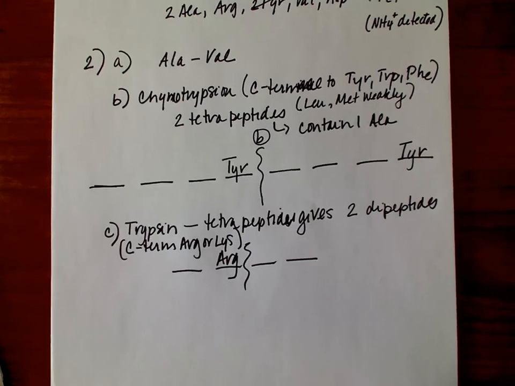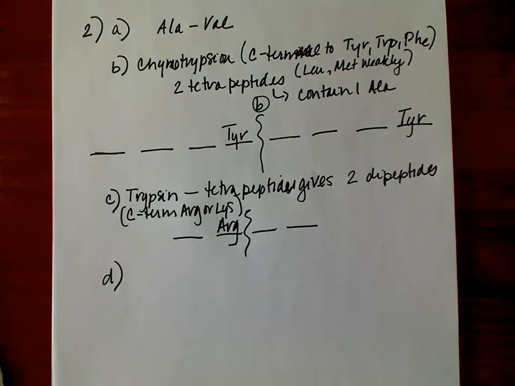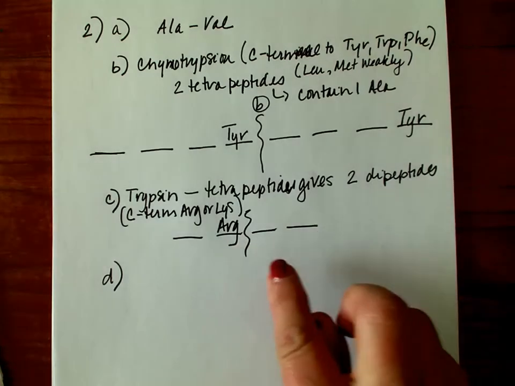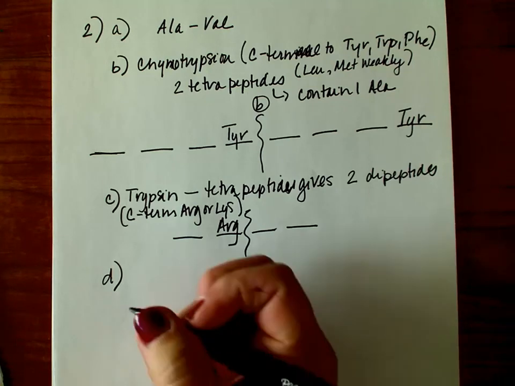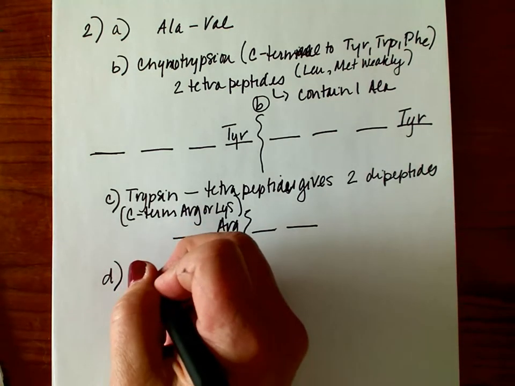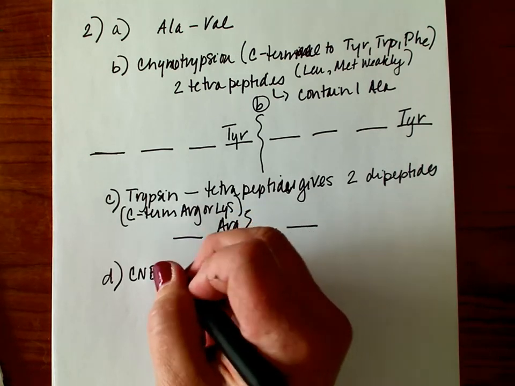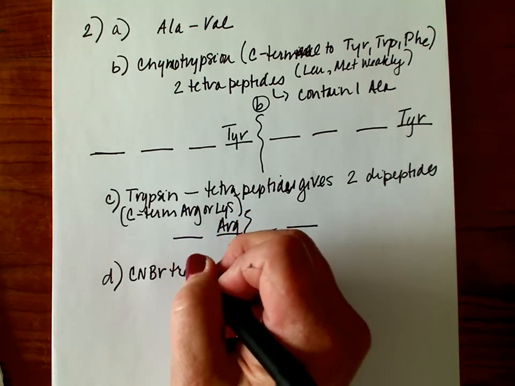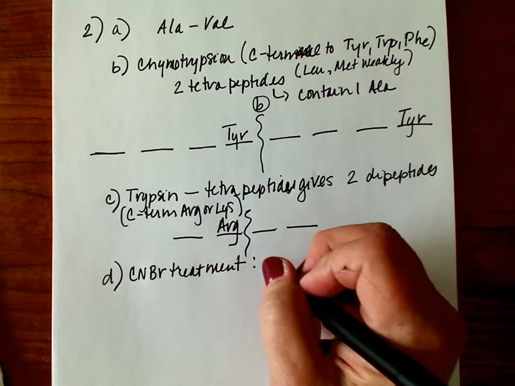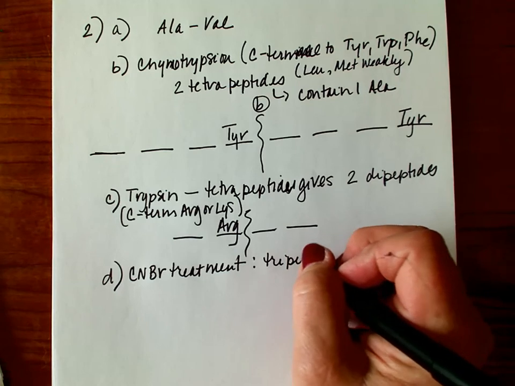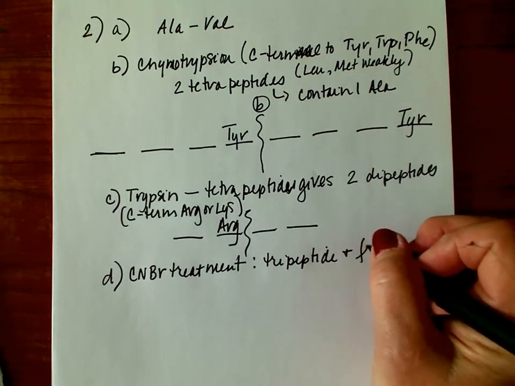Let's take a look at D, because we still don't know exactly where this is yet, okay? In D, we treat with cyanogen bromide. And this gives a tripeptide and a free tyrosine. Okay.